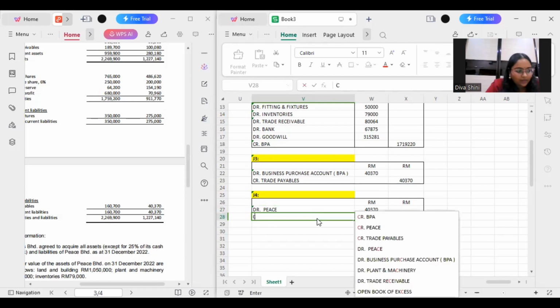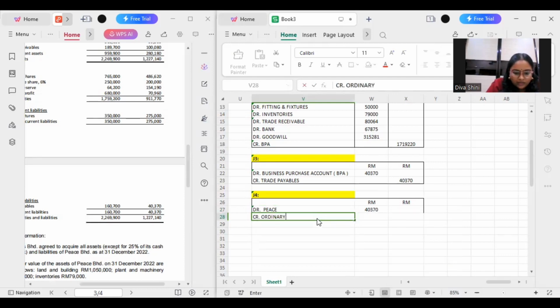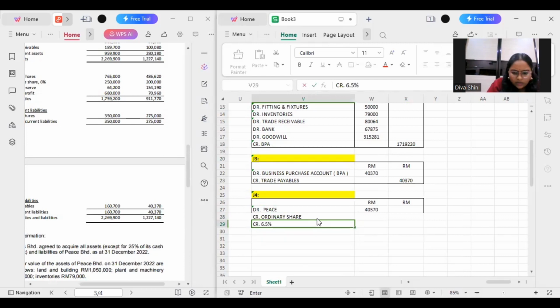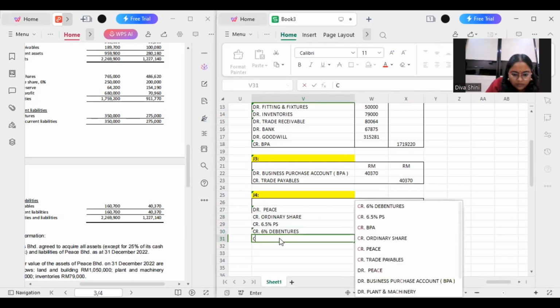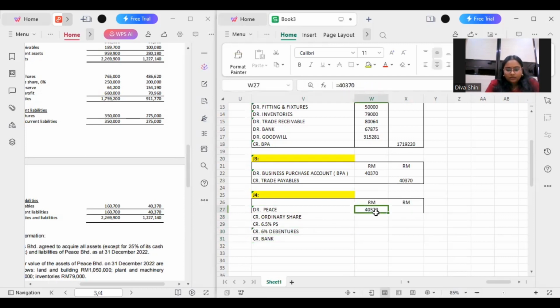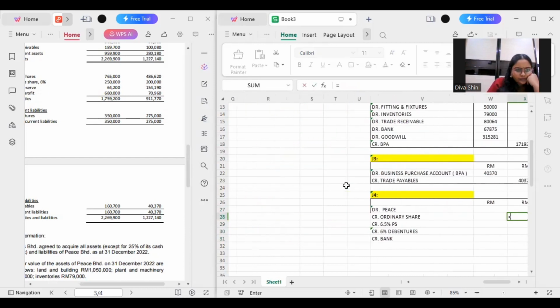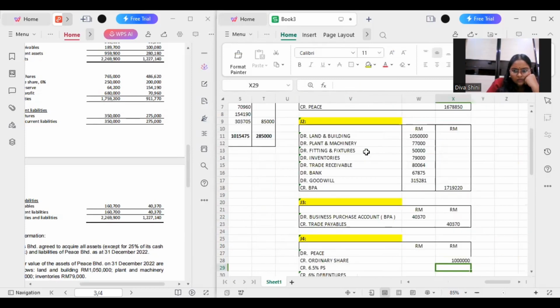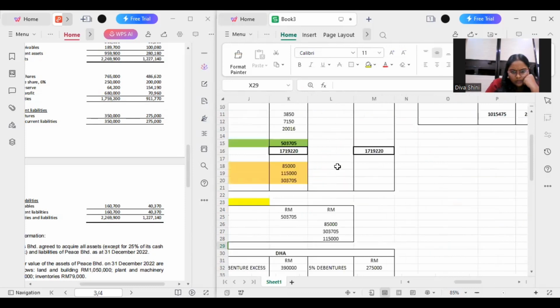So debit PC and credit the ordinary share, credit 6.5% preference share, 6% debentures, and also credit bank. So for here, ordinary share we should take it from here, and also the debentures.